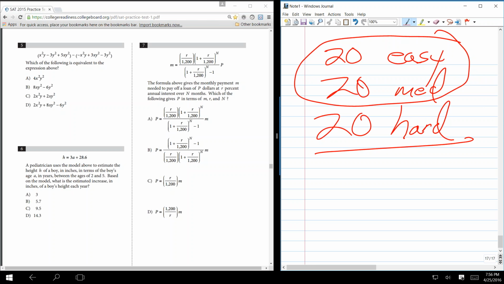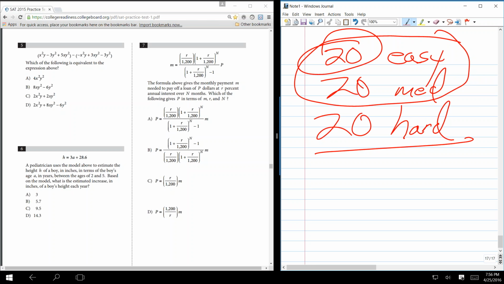Exactly. You spend those 10 minutes probably doing 20 easy problems. And they each count the same. The hard ones don't count any more than the easy ones. So the biggest mistake you can make is to not get to an easy problem. If you don't get to a hard problem, it's no huge loss. And I'm not saying that about you.